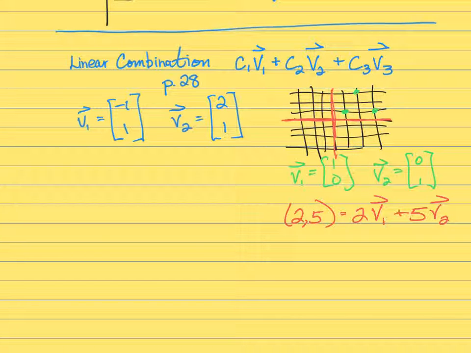That's a little bit of abusive notation, so I don't want to use the equal sign there, but that's what would happen. So when you take linear combinations of these two vectors, 1, 0, and 0, 1, you get points on that rectangular grid. But what you see on page 28 is, what if you don't use those two vectors, v1 and v2, as your basis, but instead you use something like the two that are given here?